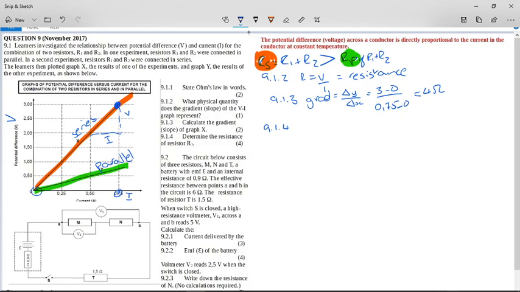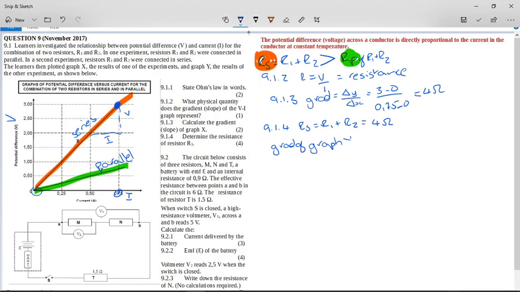So we know that in a series circuit, the resistance in a series circuit will be equal to R1 plus R2. So the resistance in series is 4 ohms. Okay, we got that from the gradient of the graph. So we can use the gradient of graph Y to tell us what is the parallel resistance.